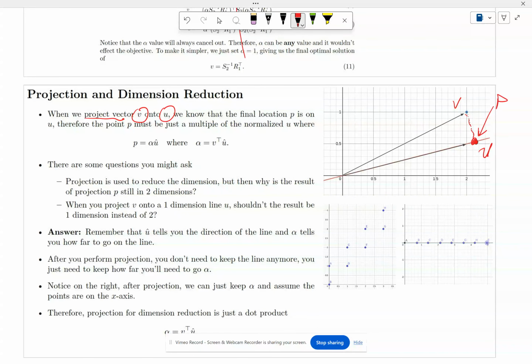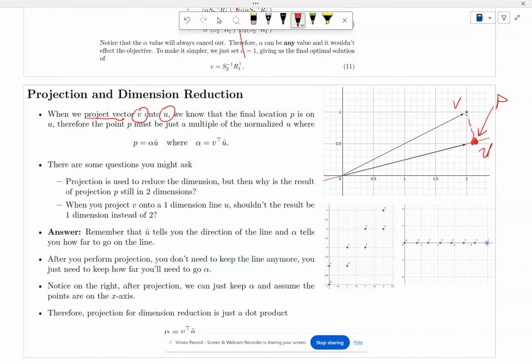And the equation was that since P is just U alpha times some kind of constant, U times alpha is equal to P. And we learned that alpha is just the inner product between V and U hat.